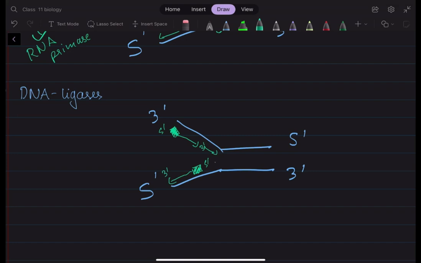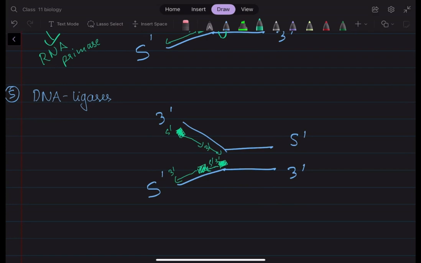So in this case, we need another primer which will provide a 3' end, and from this till the previous primer, the DNA polymerase will add the nucleotides. So you can see the DNA replication is continuous here.